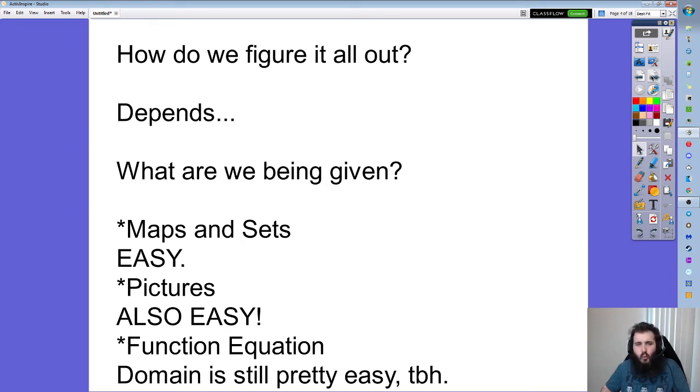All right, so the only one I would say that's even remotely difficult is when you've got a function equation. It's going to actually require you to calculate something out, but pretty much everything else that you do here is basically looking at what you're given, pointing at it and going, oh, that one.